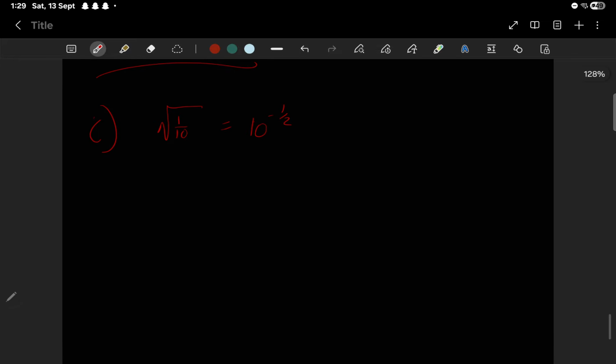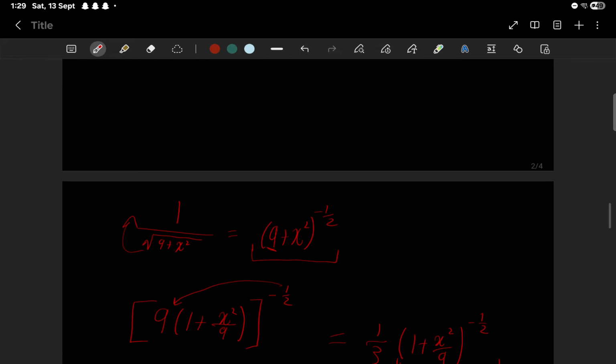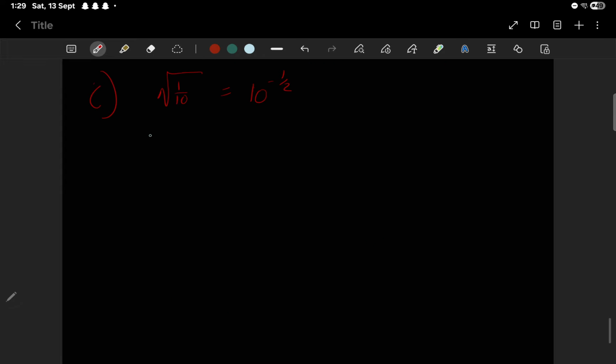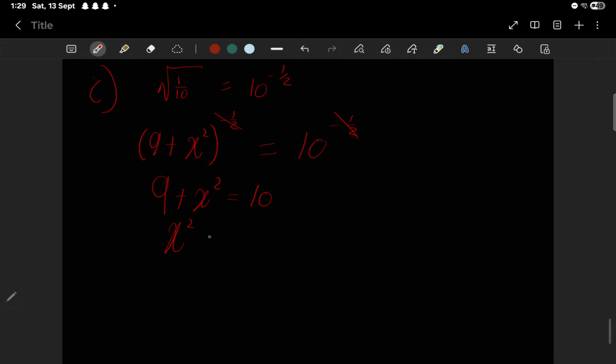So what was our original expansion? (9 plus x squared) to the power of negative 1 over 2 is equal to 10 to the power of negative 1 over 2. These two cancel out. So 9 plus x squared is equal to 10. x squared is going to equal 10 minus 9, which is 1. x is going to be positive or negative 1. You always take x is equal to positive 1.